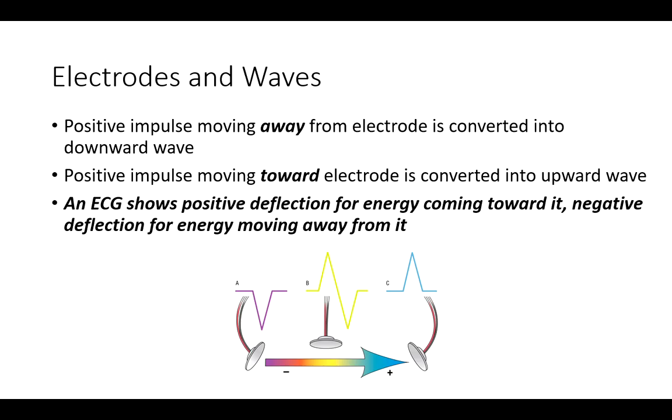So I want to highlight this understanding: because of the position of the electrodes on the person's skin, and because of the way that the vectors are generated by the myocardium, this is what gives us some upward and some downward reflections on a PQRST waveform. Electrodes are essentially sensing devices that pick up the electrical activity occurring beneath them.